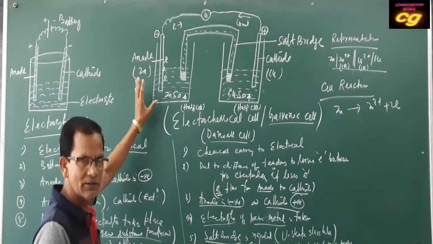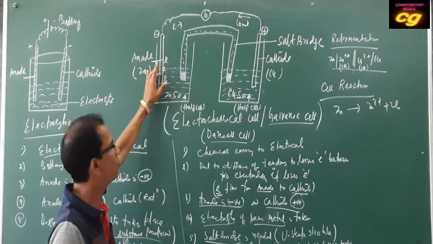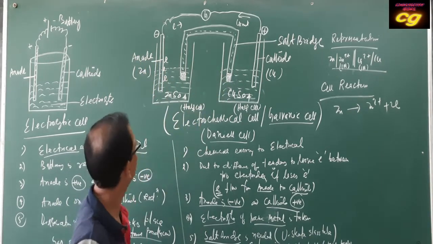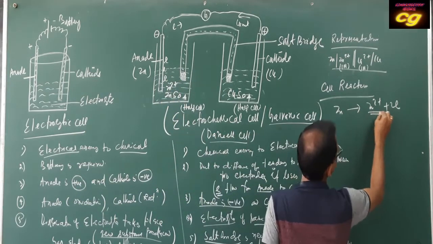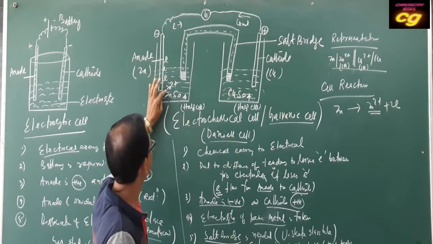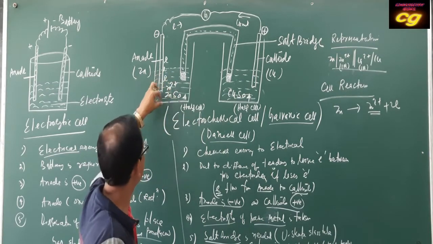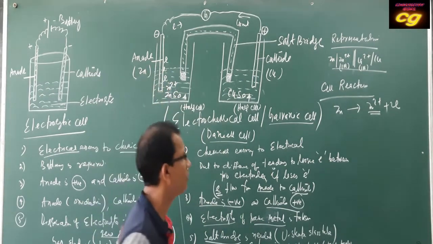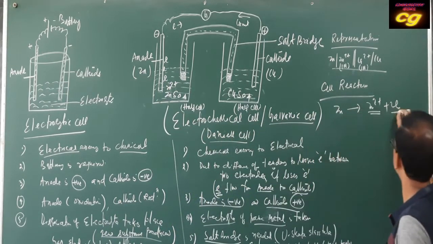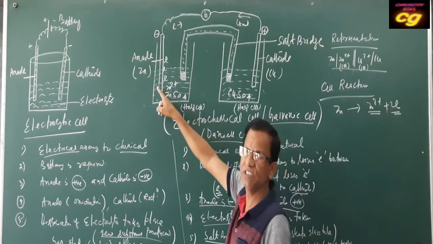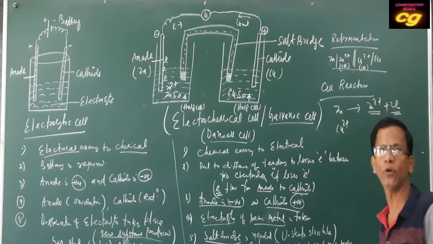After losing electrons, zinc ions go into the solution, so zinc ions will increase around the zinc rod. Then these 2 electrons produced from the zinc atom move towards the cathode. The cathode contains copper 2 plus ion.